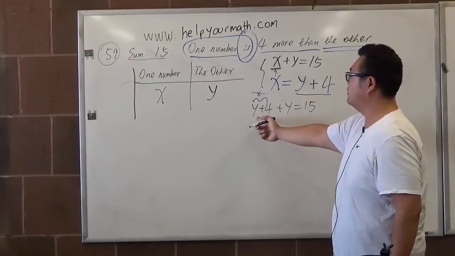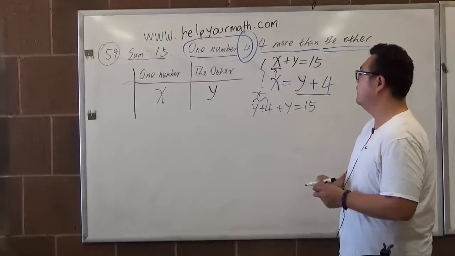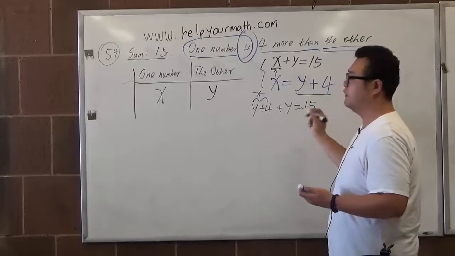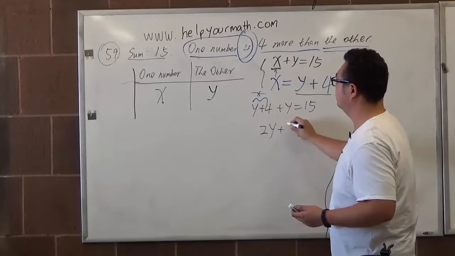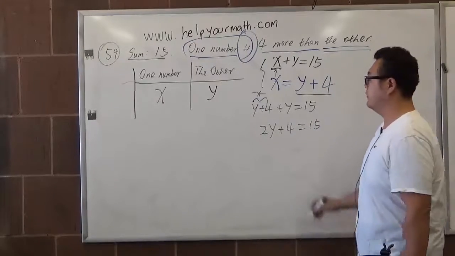The substitution method gives us a one-variable equation: y plus 4 plus y equals 15. We combine the like terms: 2y plus 4 equals 15.